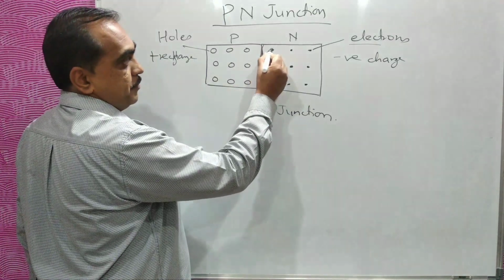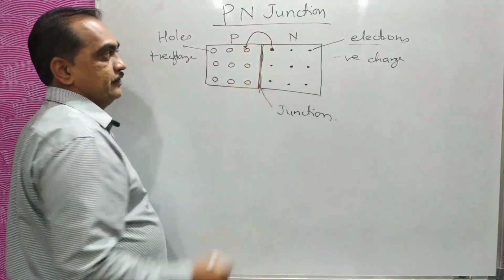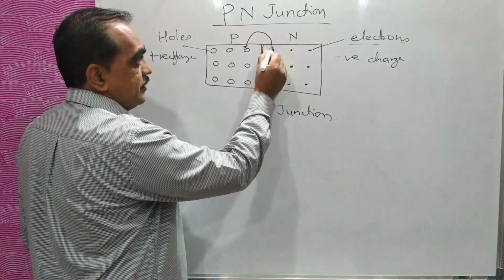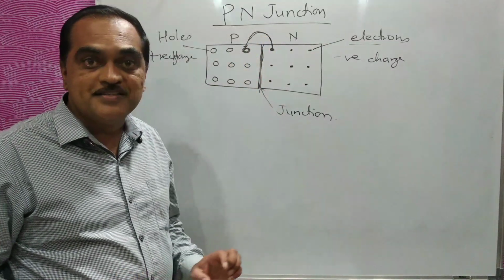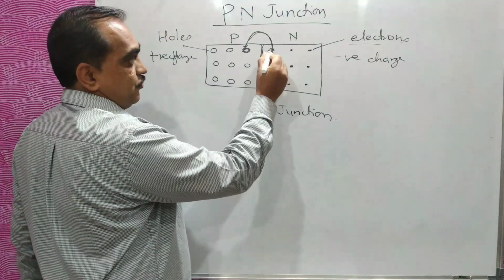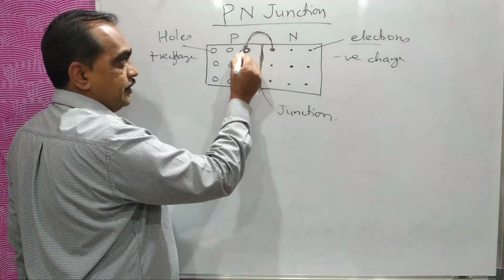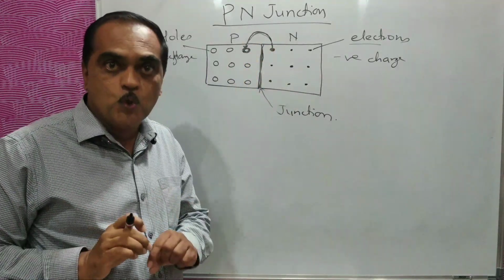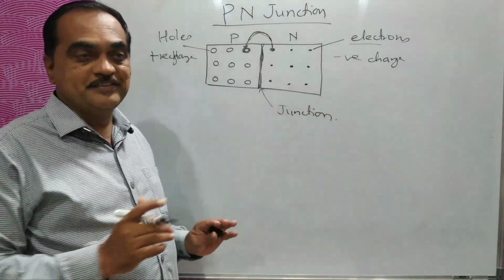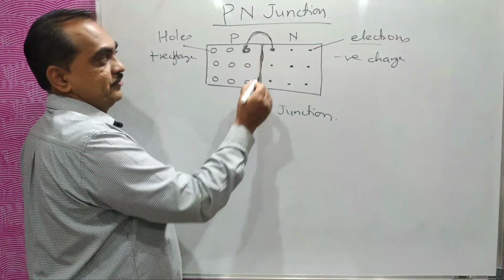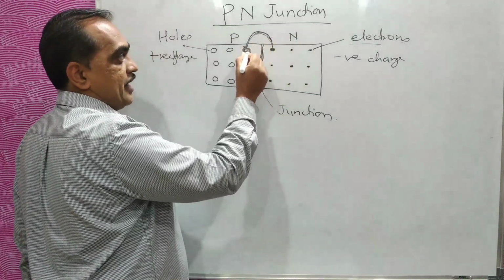The electrons from the N region will start moving to the P region, come here, recombine with a hole and neutralize itself.